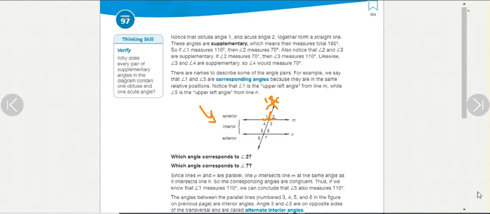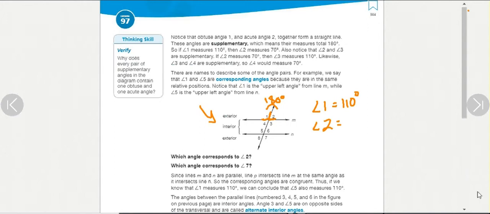We call that a supplementary angle. Supplementary angles are 2 angles that when added together equal 180 degrees always.